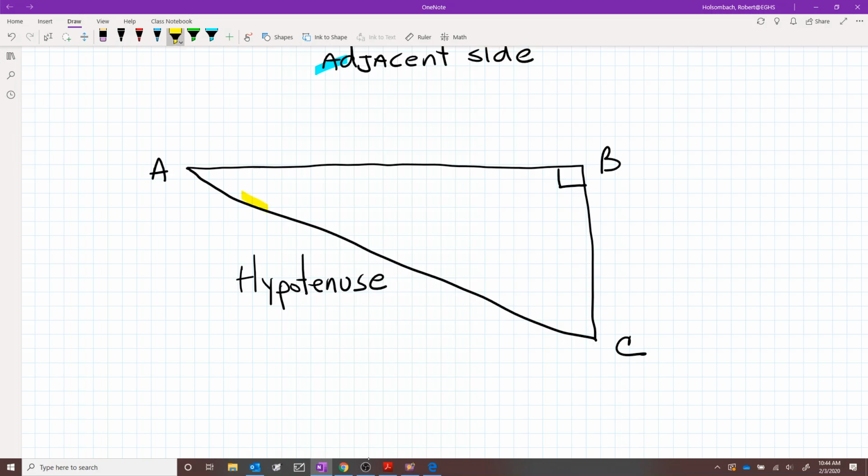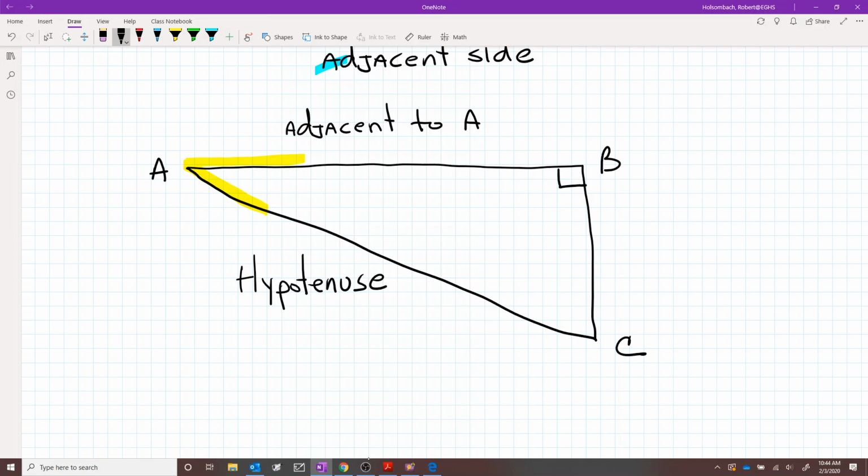Now, let's look at angle A. Right here. There's two other sides left in this triangle in relation to angle A. Side AB is called adjacent to A. It's next to it, isn't it? Adjacent means next to.